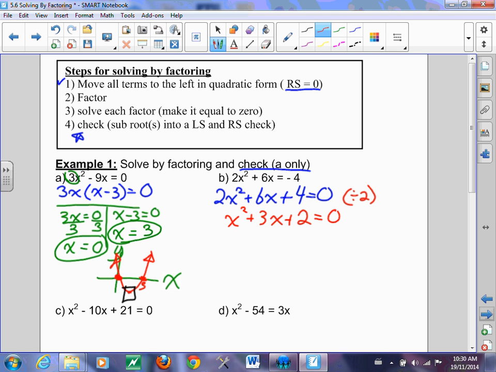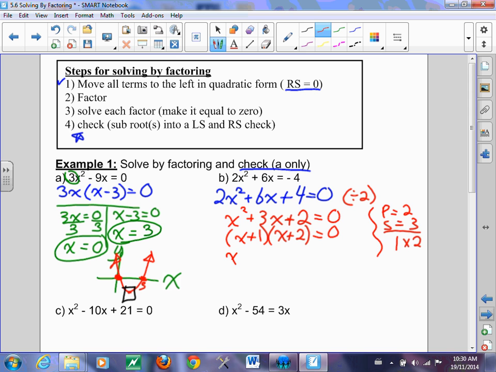Then what we need to realize is we've got a trinomial to factor here. So product equals 2, sum equals 3. Our numbers are 1 times 2. So we know we're going to have x plus 1 times x plus 2 equals 0. And then we set each factor to 0.